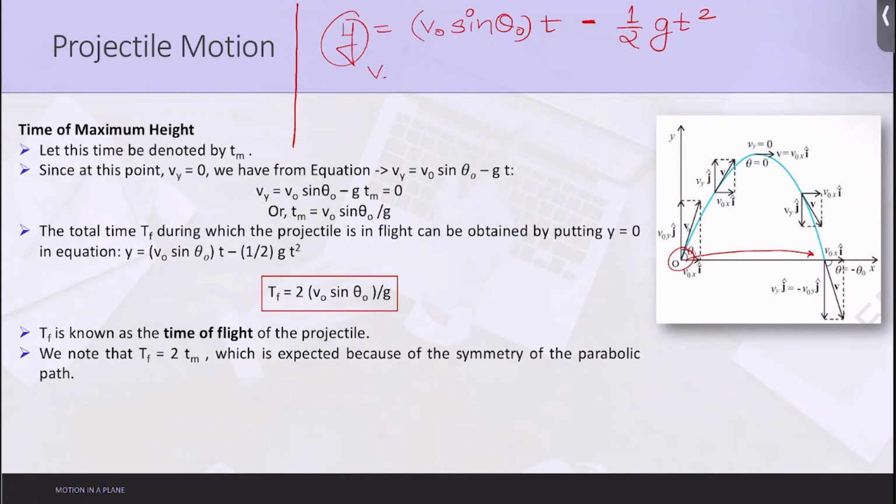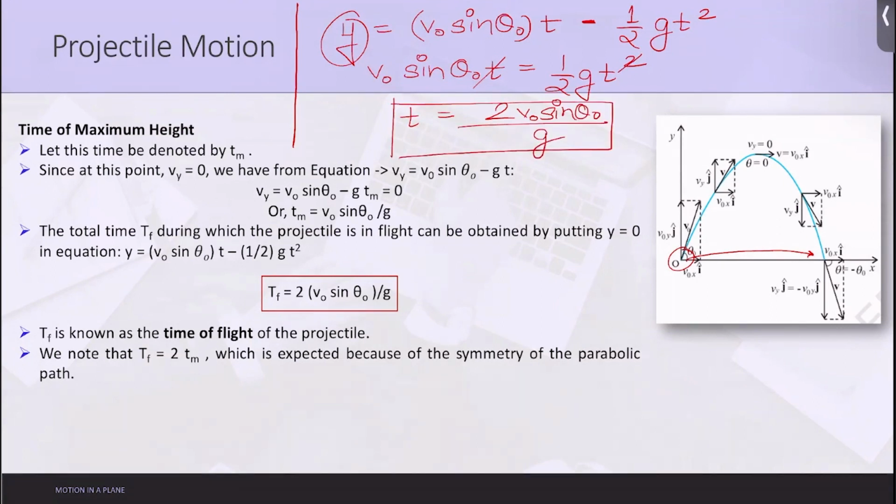So v naught sine theta naught t is equal to half gt square, correct? If we cancel t, because the value of t which is not 0 is to be used here, therefore we will get the value of t equal to 2 v naught sine theta naught by g.